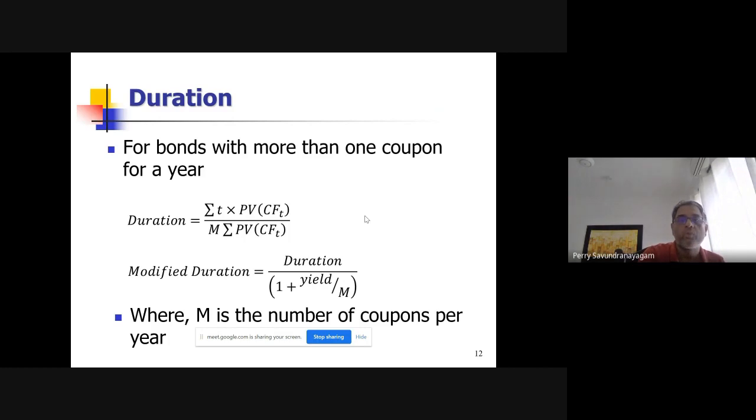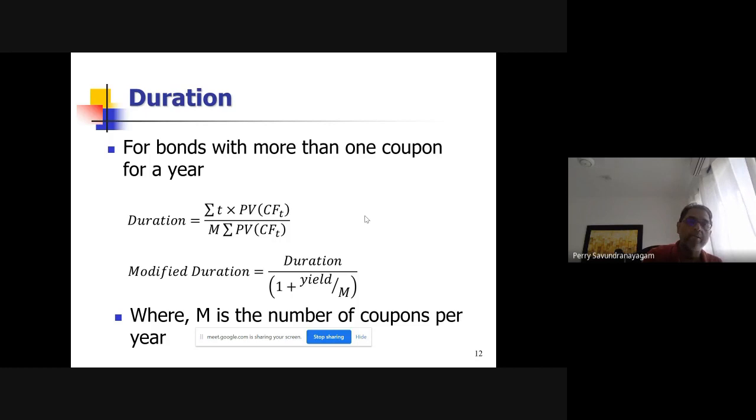So if your bonds have more than one coupon, what you will do is take all the coupon maturities coming up, calculate the duration and divide it by the yield and all the coupons in it to arrive at what we call the modified duration. The modified duration will tell you, based on the number of coupons and the yields on those coupons, how much the actual duration will adjust with the movement of 1 basis point of yield.